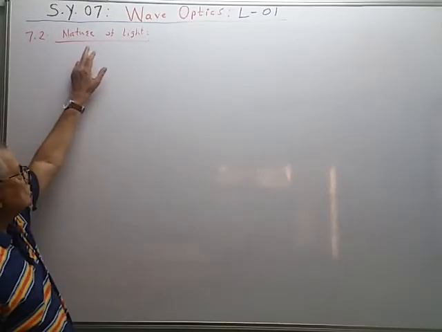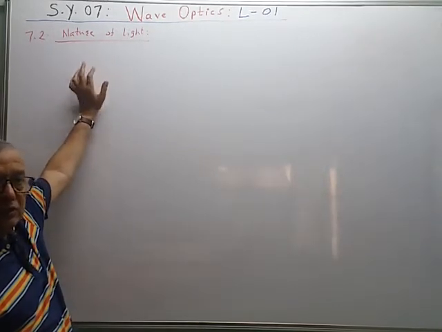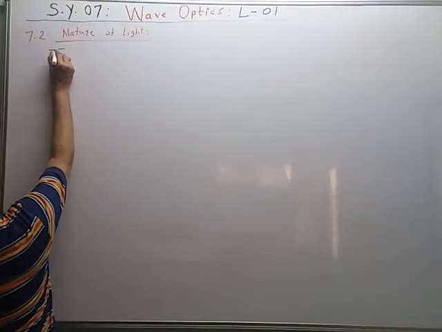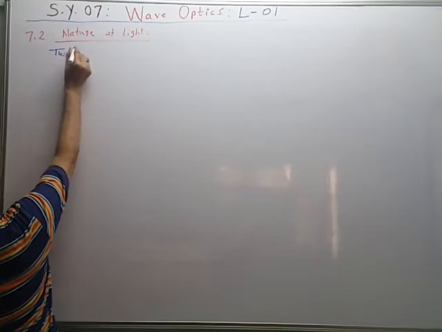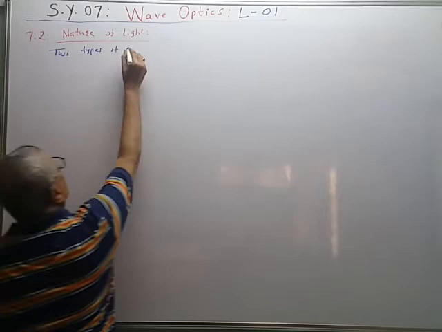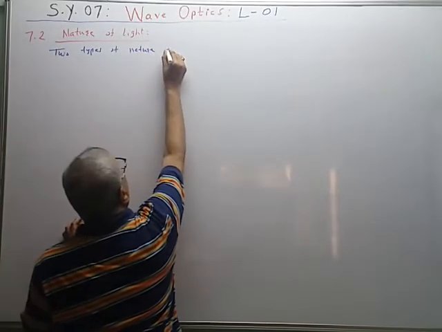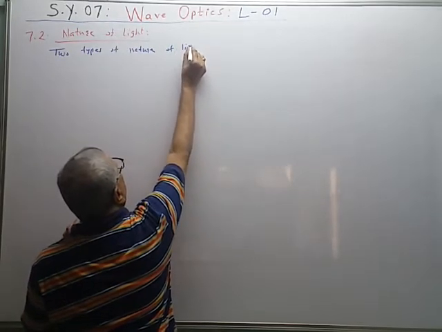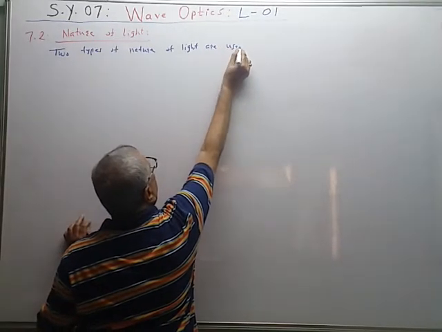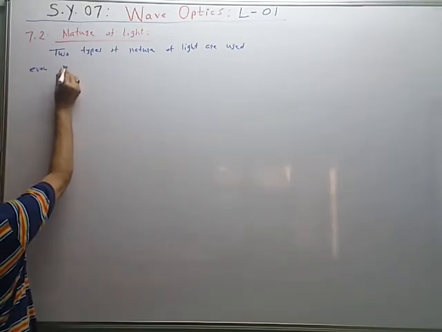So now we have to consider the nature of the light. We have discussed this nature of light last year also. Here we have to see it in detail. So two types of nature of light are used even nowadays.